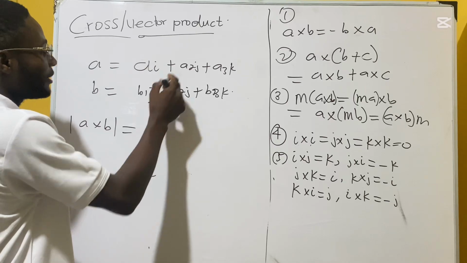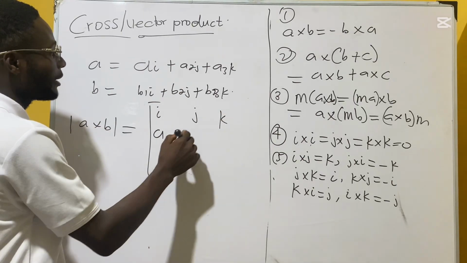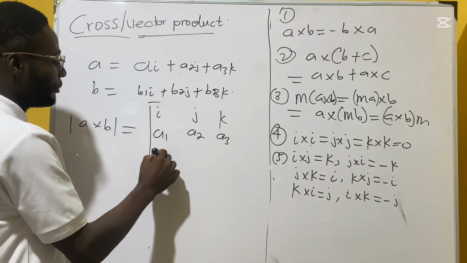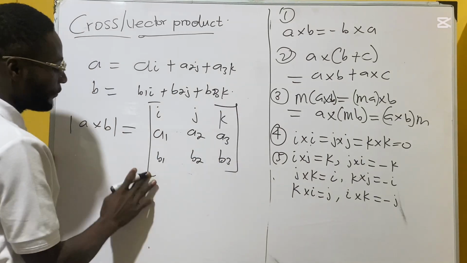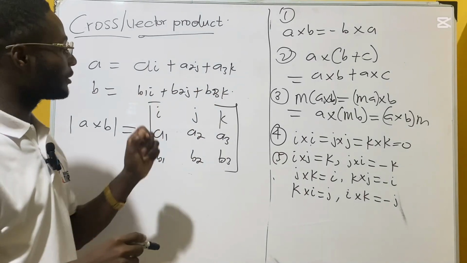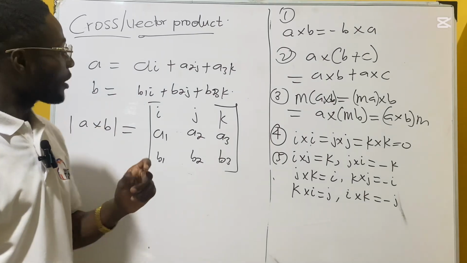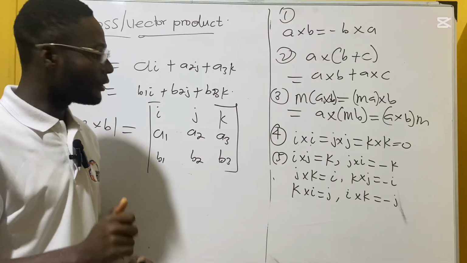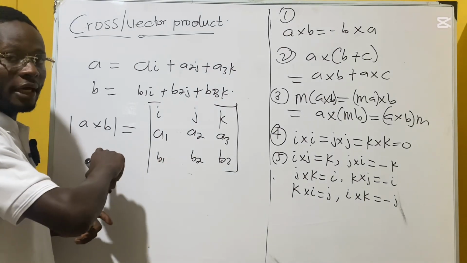Okay, so that is equal to the determinant with rows i, j, k, then a1, a2, a3, and b1, b2, b3. So if you take the magnitude of these two position vectors, then you are going to have the area of a parallelogram. But if you want to know the area of a triangle, then it's going to be half of the magnitude of a cross b.